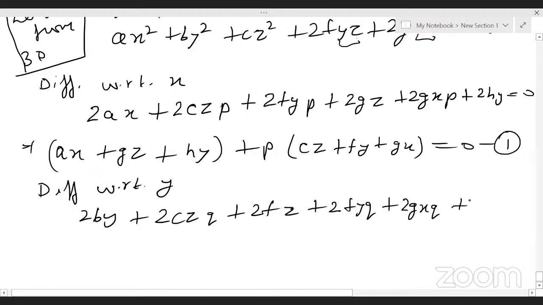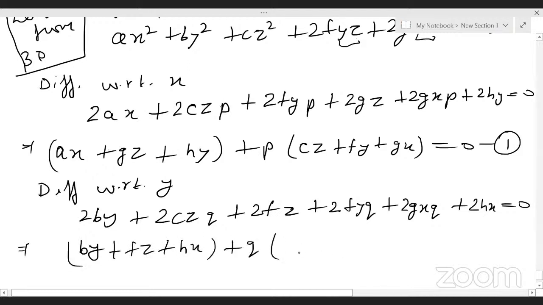Now you have 2hxy, so y will become 1, 2hx is equal to 0. Now you can take 2 common. Now clubbing the terms containing q and not containing q, here you will have by plus fz plus hx plus q times cz plus fy plus gx is equal to 0. This is the second equation.